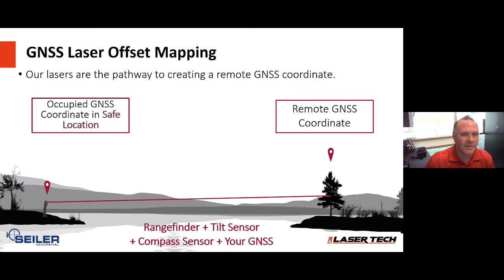We call this laser offset mapping. Using the device's GPS, or maybe even a higher-end GPS device, you occupy your current location, and the laser rangefinder gives us our distance, tilt, and azimuth direction. You take a measurement over to that object, and the app is going to calculate that remote coordinate. And so that can happen within GeoJot.